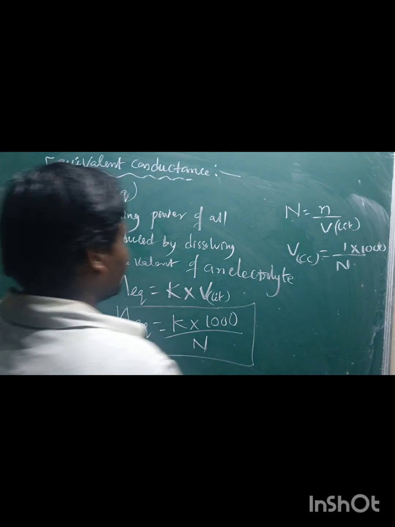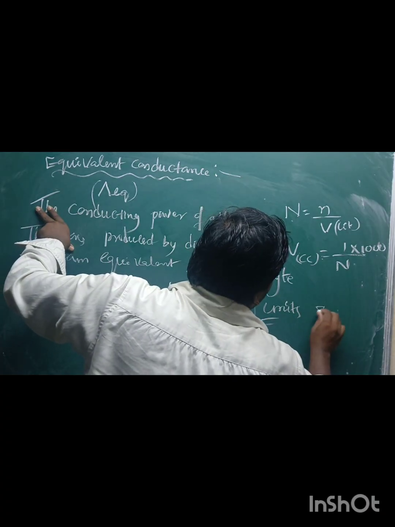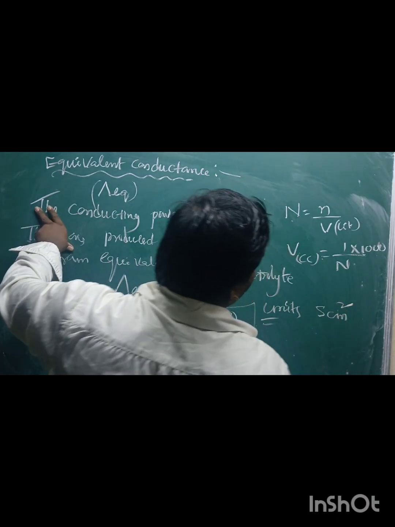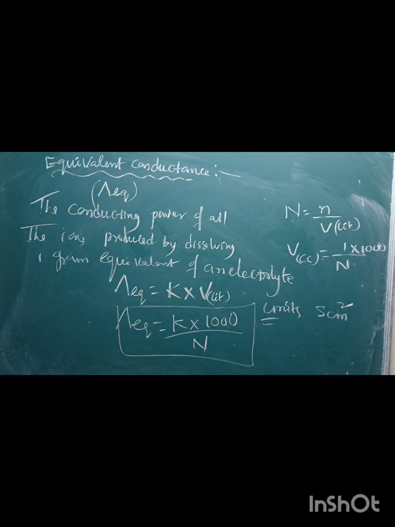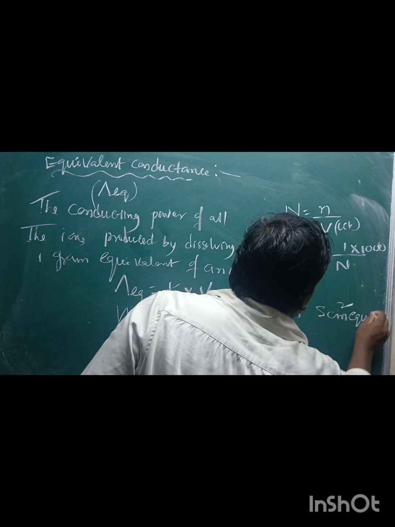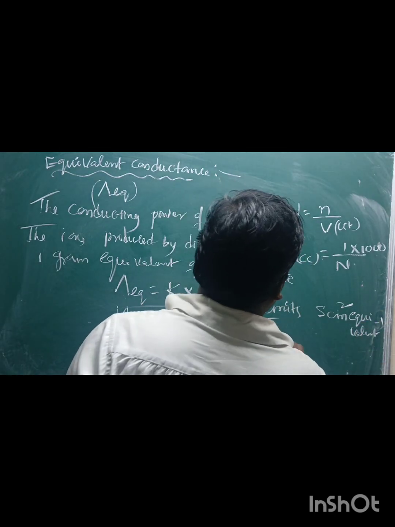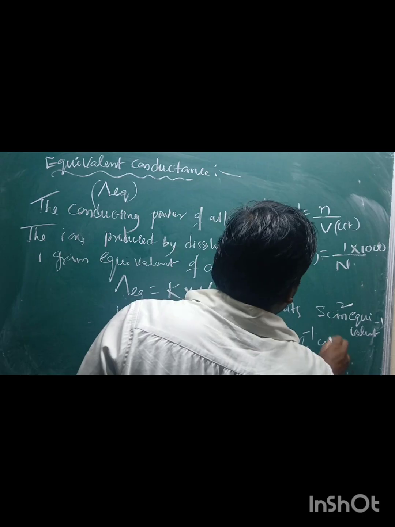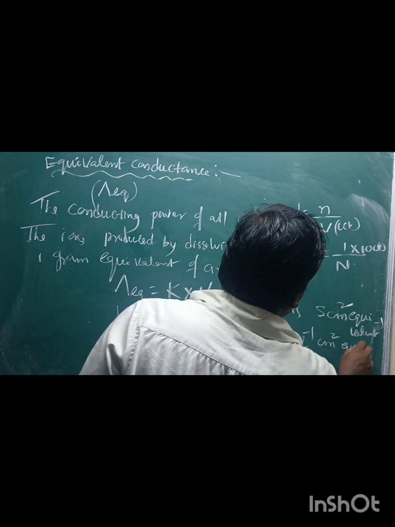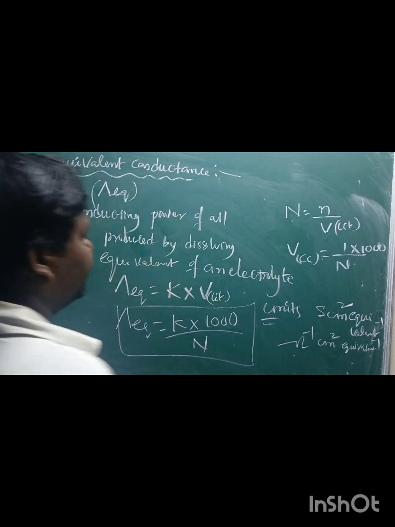Here, what are the units? Same units, but a little difference: Siemens centimeter square per equivalent, or ohm inverse centimeter square equivalent inverse.